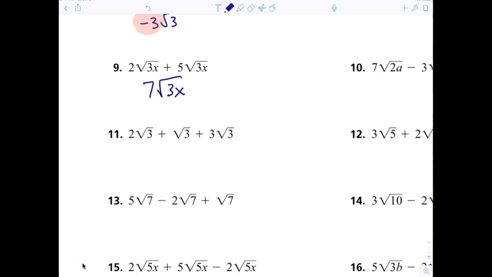Tell me about number 11. 5. That's pretty good. But it's not exactly correct. Because what's in front of this number right here? 1. 6 radical 3. All right, the common mistake is to make it 5 radical 3.